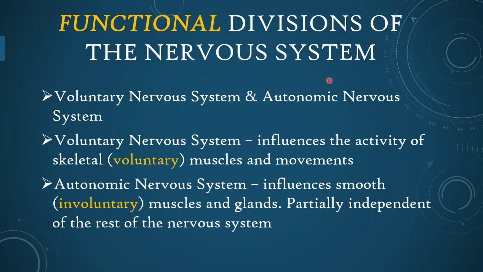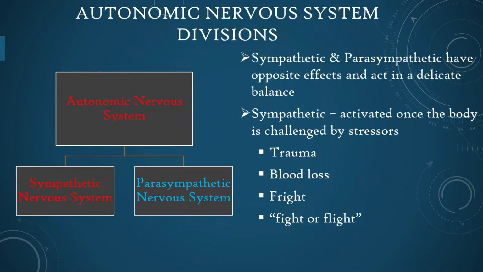All right, so the functional division of the nervous system really just kind of comes down to voluntary versus involuntary. The somatic nervous system influences the activity of skeletal muscles, and the autonomic nervous system influences the things you can't control, like blood vessel size, etc. So here in the autonomic nervous system we have the sympathetic and the parasympathetic.